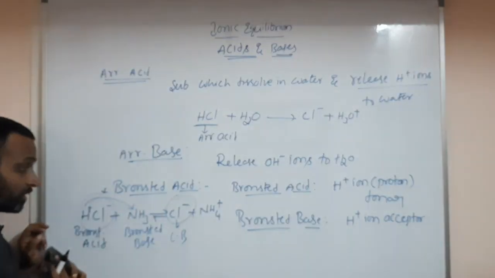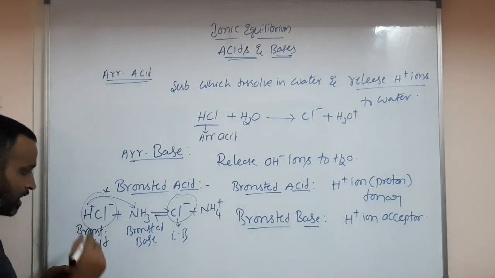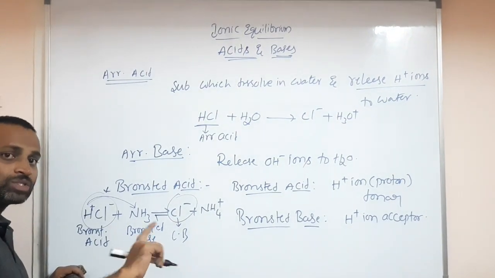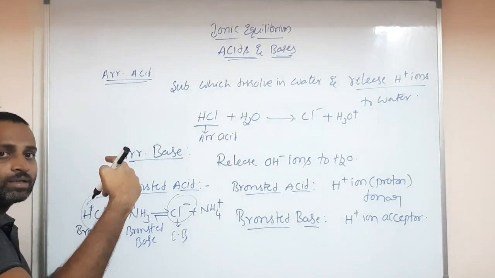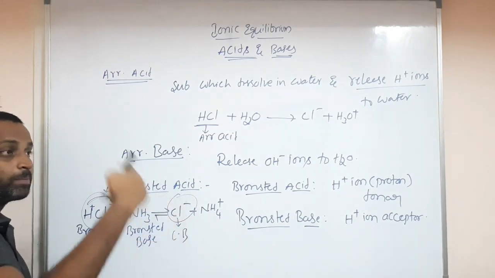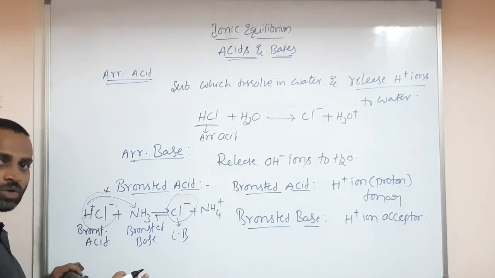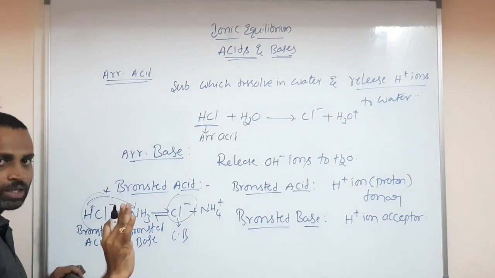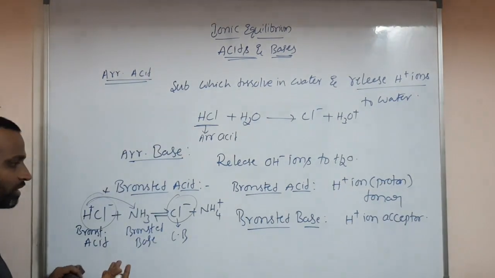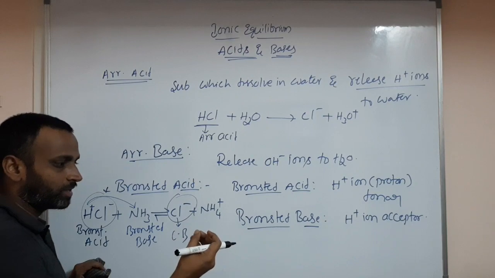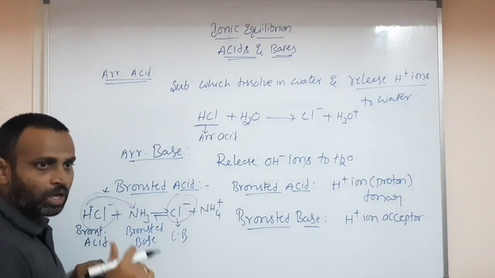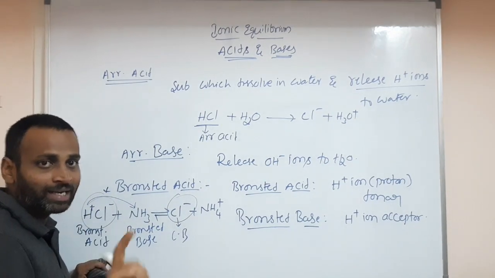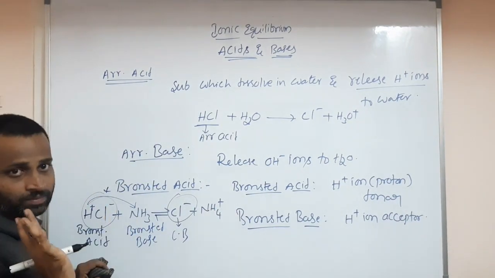Simple. So here you have to remember one more thing. A strong acid has a weak conjugate base and a weak acid has a strong conjugate base. Reverse. If the acid is strong, its conjugate base is weak. Okay, so that we will say by how they are dissociating in water. So what is the ease of donating tendency of H plus? That decides strong or weak.